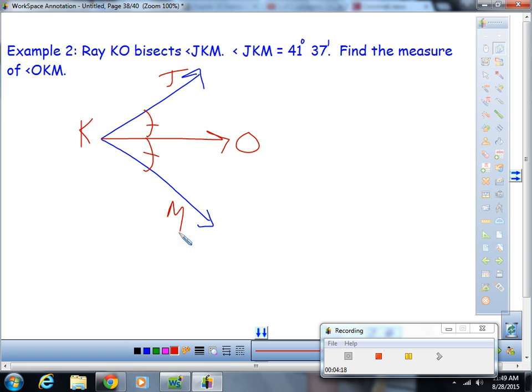Find OKM. So the first thing you should do here is see if you can just do this problem in your calculator. You would do 41 degrees, 37 minutes divided by 2 equals. It's going to give you your number as a decimal. Then you hit your DMS button, equals, and it will convert it back into degrees, minutes, seconds for you.